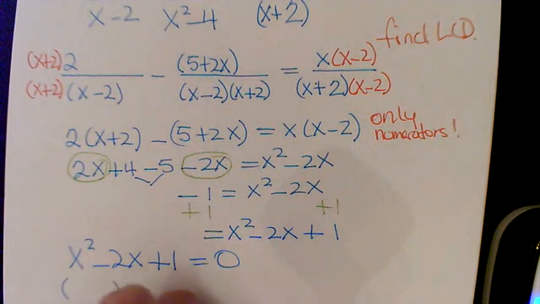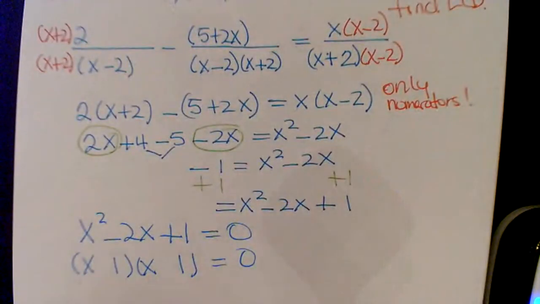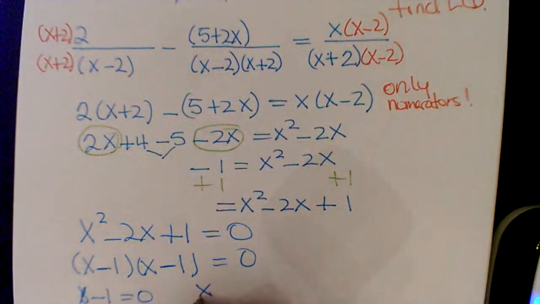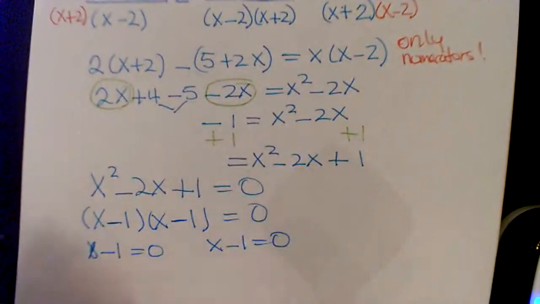So I need two numbers that multiplied, I get 1, and when I add them, I get negative 2. There we go. So it's going to be x minus 1 equal to 0 and x minus 1 equal to 0. Because they're the same, we're just going to do 1.